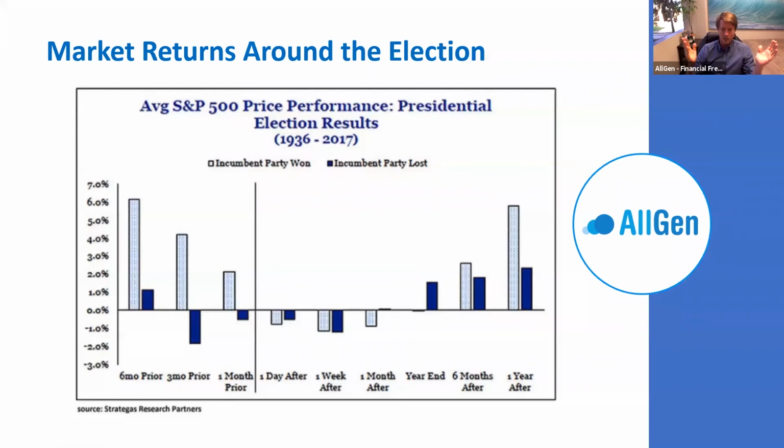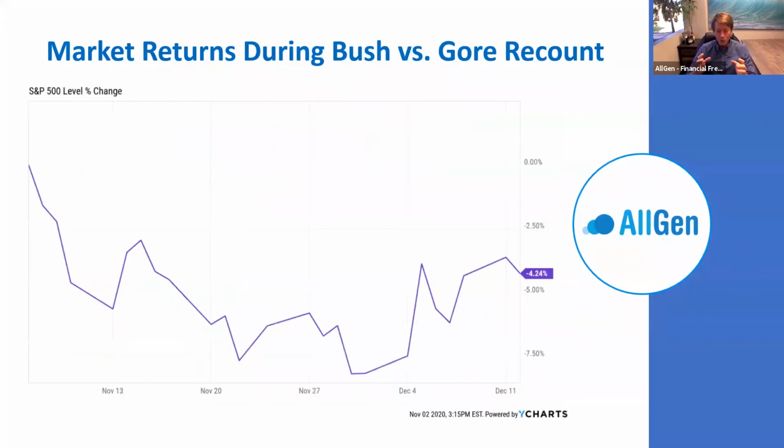Elections are important, I understand that, but in terms of historical market performance, whether it's been a Republican president or a Democrat president, it's been a difference of about 0.2% on average over time in the markets. So that is not a major concern long-term as we look at how the market performs going into elections.